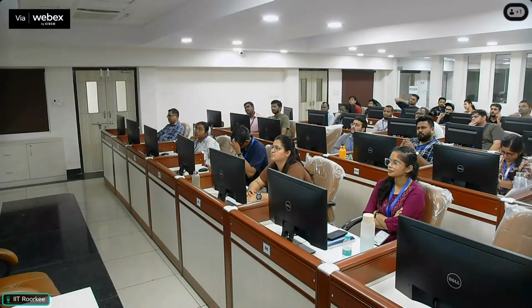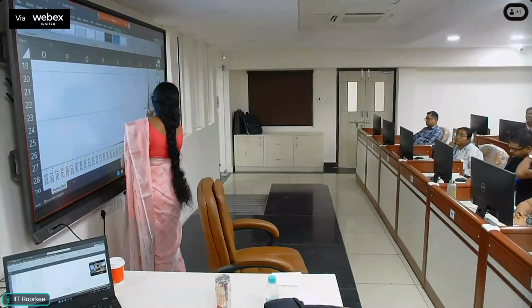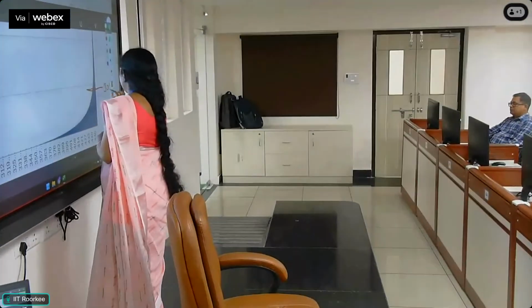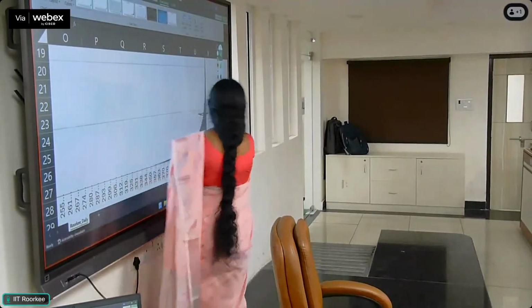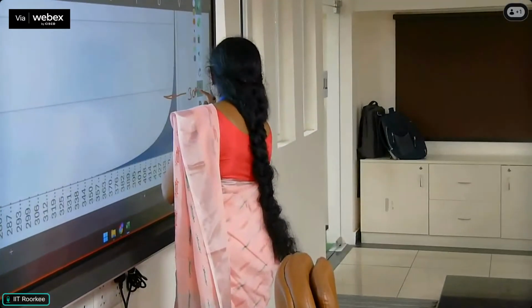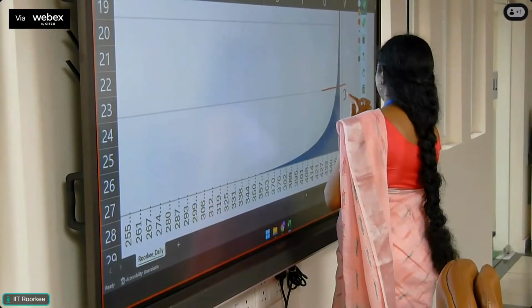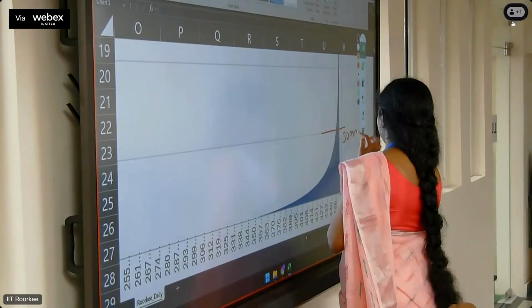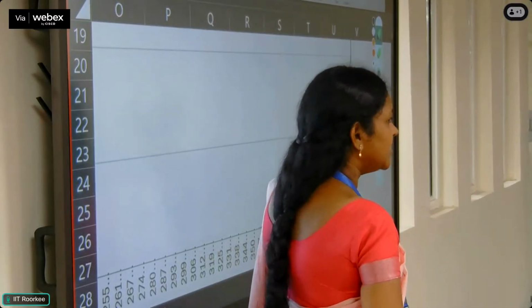The total rainfall, actually we have taken below this. Suppose 30 mm is the threshold.